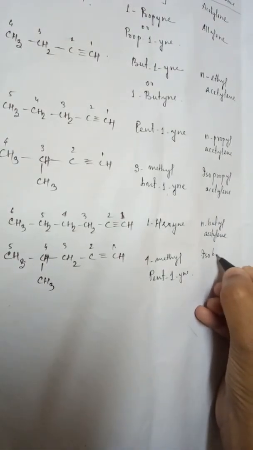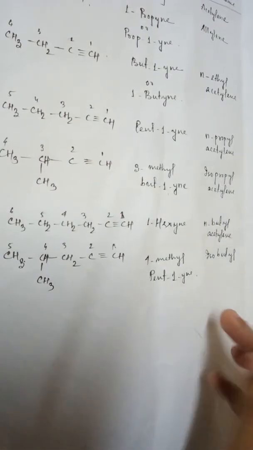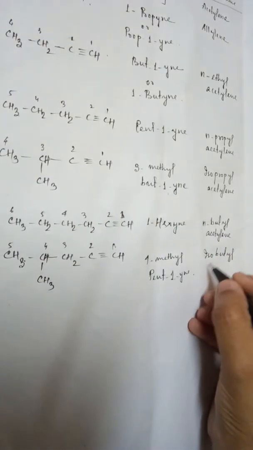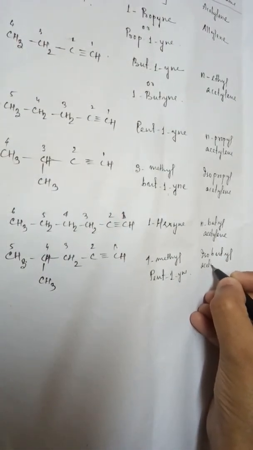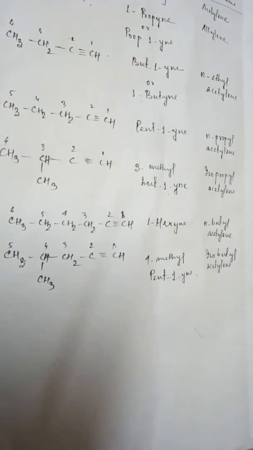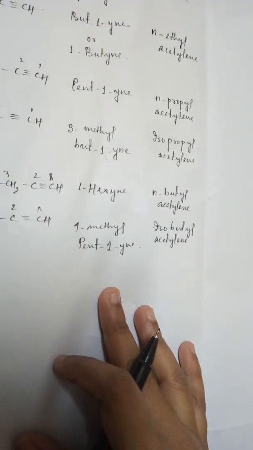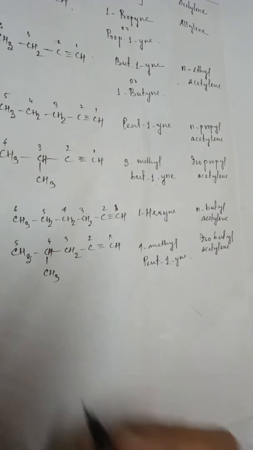So isobutyl. Then here it is the acetylene part, so write acetylene. Okay, isobutyl acetylene.